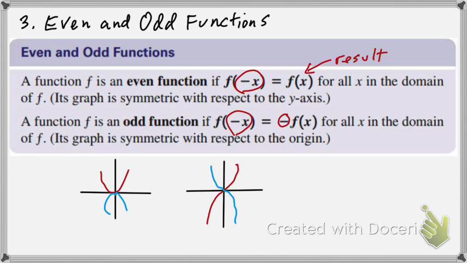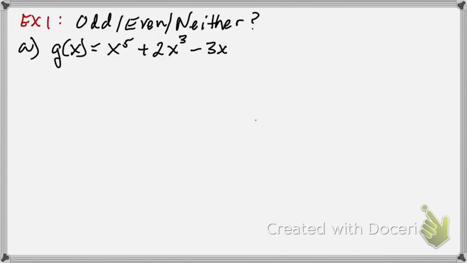Okay, let's look at some of these. Unless somebody has a question about this. All right, we're going to look at several functions here. We're going to see, are these odd, are they even, or are they neither? So what do we do on all of these?